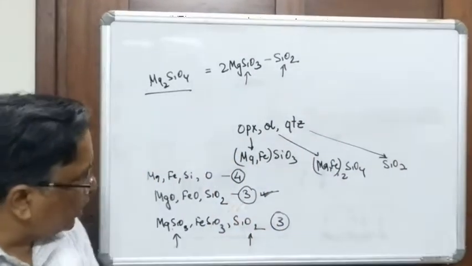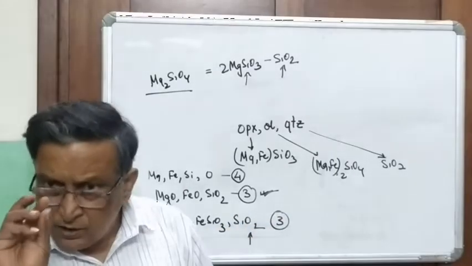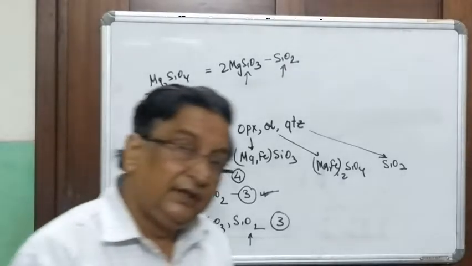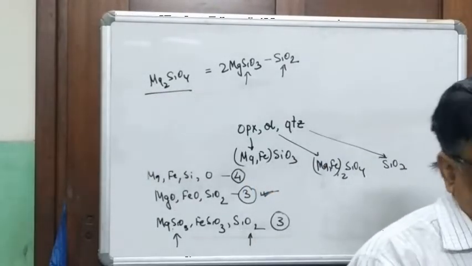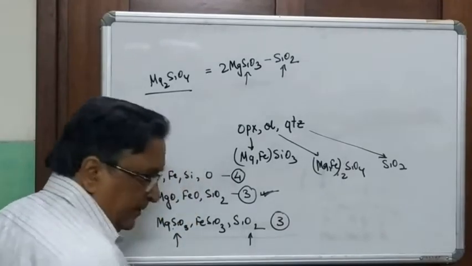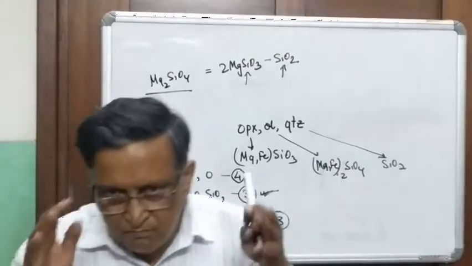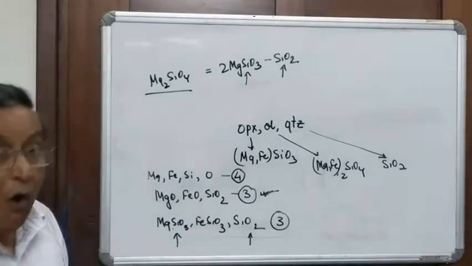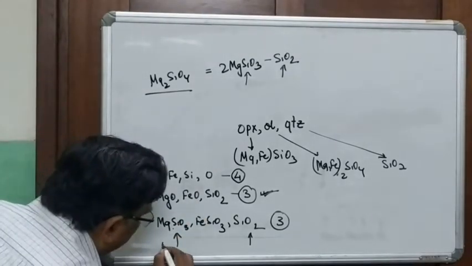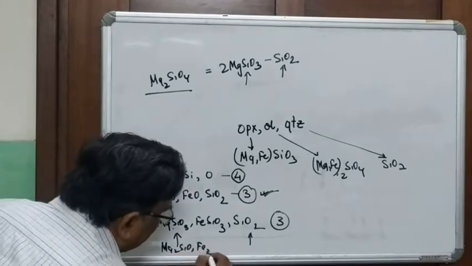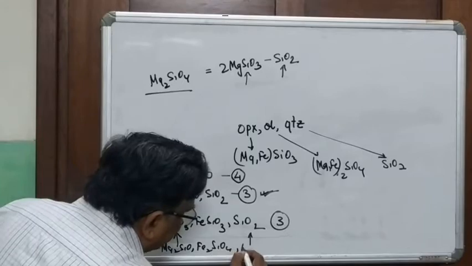But so long as you're working with the number 3, it's fine. This is a must. This or this. Or you could choose Mg2SiO4, Fe2SiO4 and SiO2.